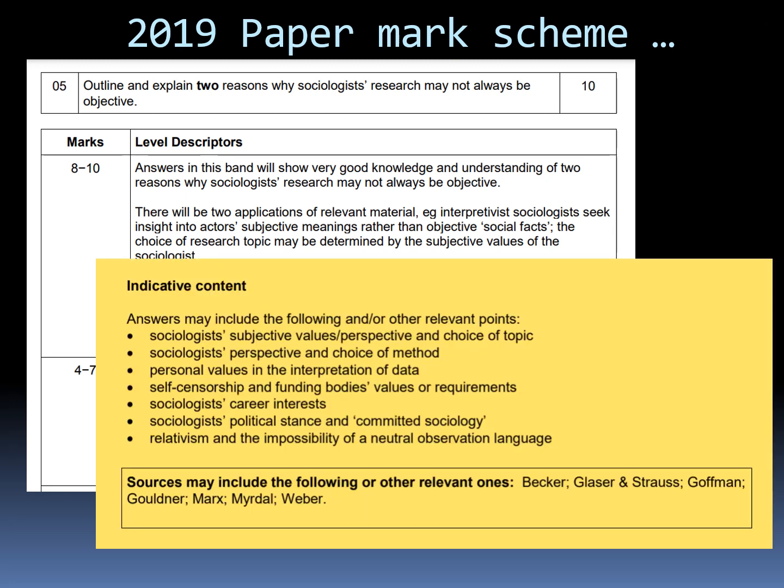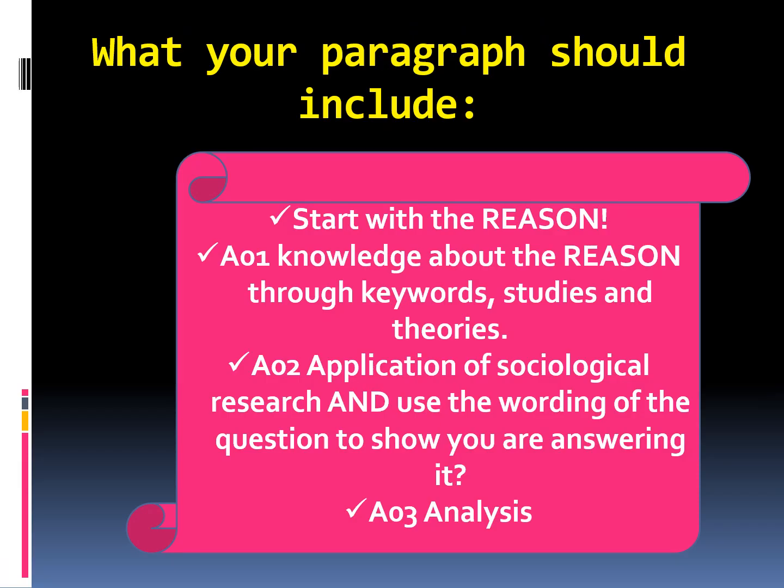So here is some of the indicative content and some of the reasons that you could identify and explore. Remember, you need to explain them, backing them up with examples from what you have studied as a sociology student. Therefore, your paragraph should follow this simple structure. Start with your reason and show AO1 knowledge within that explanation.